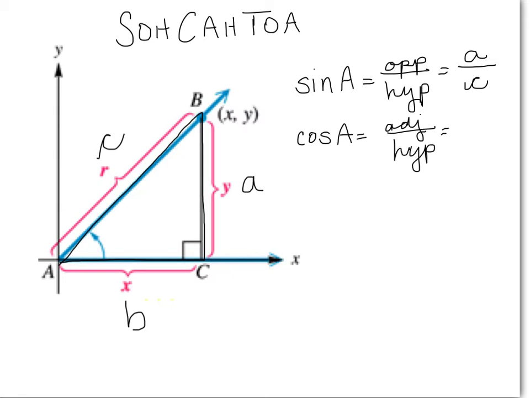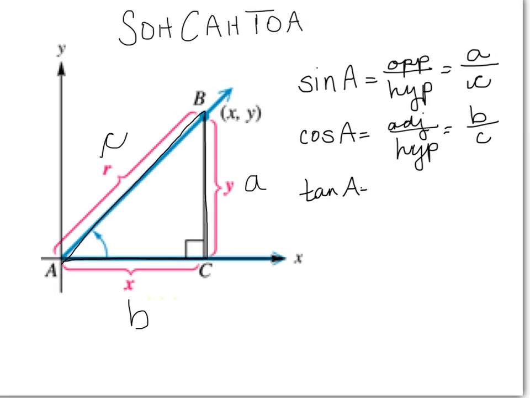So cosine would be b over c. And if I did the tangent of A, we would take the side opposite of A, divided by the side adjacent to A. And that would give us a over b.